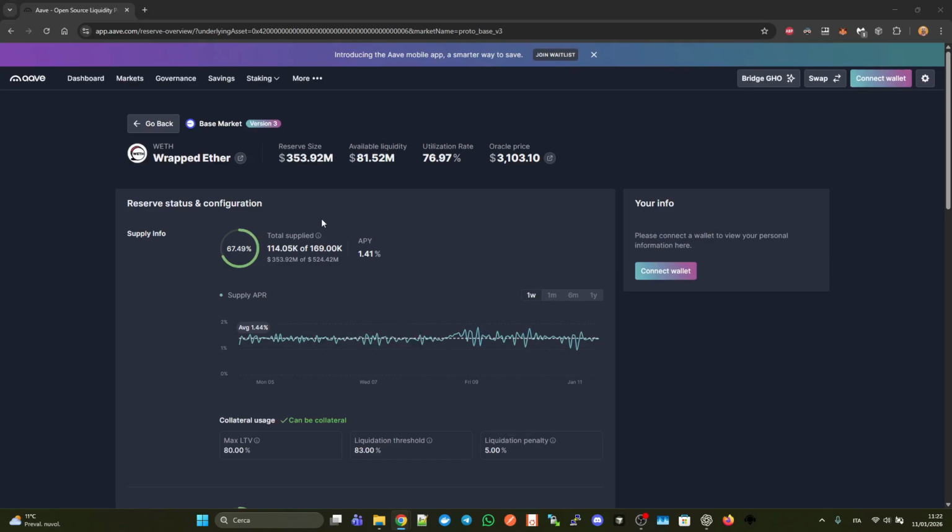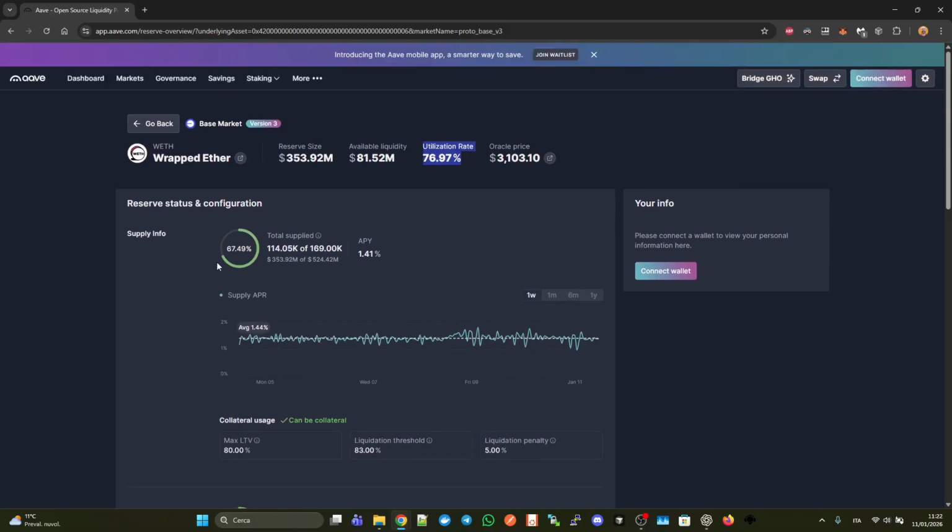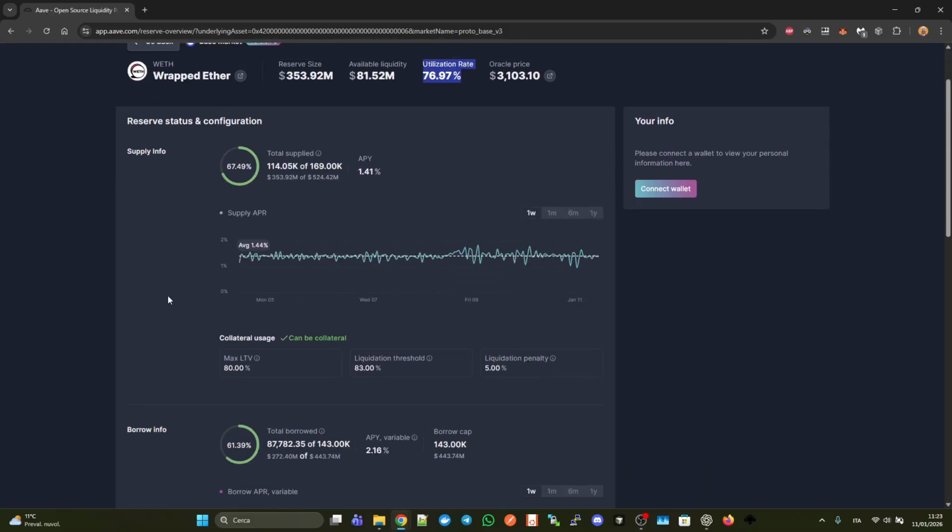Another important metric here is the utilization rate. The utilization rate is the ratio between the total amount of borrowed tokens, this one, and the total supplied tokens, this value here.